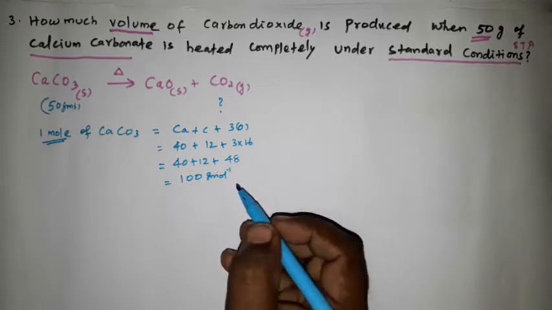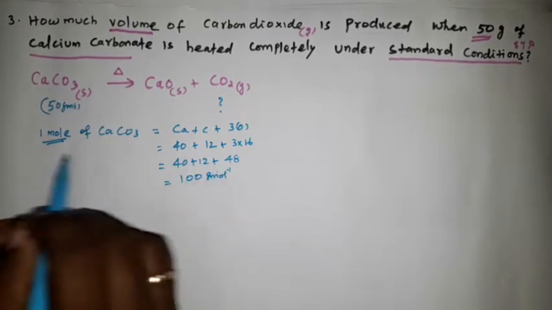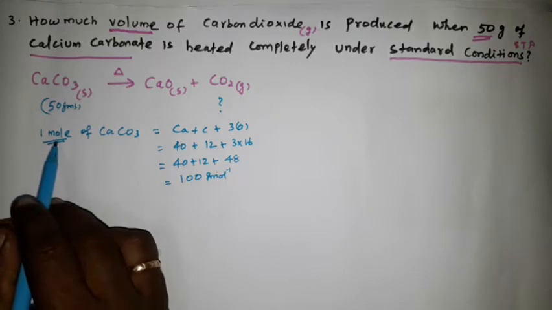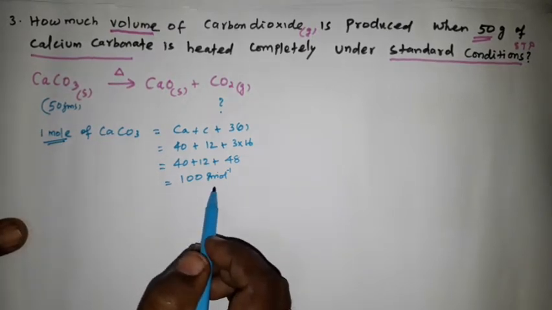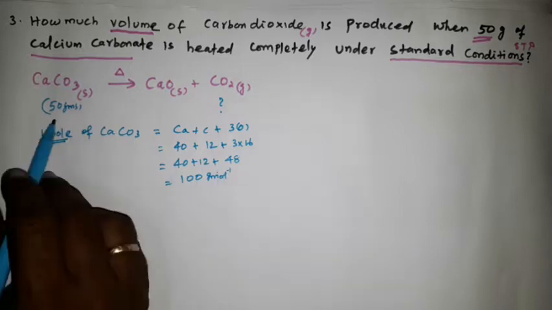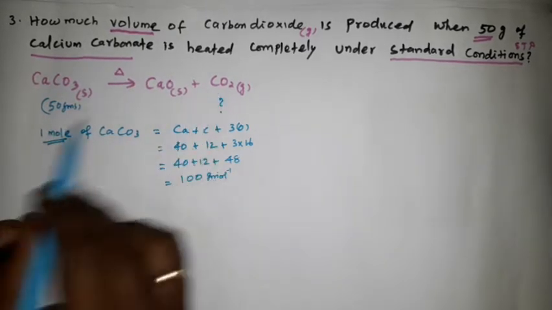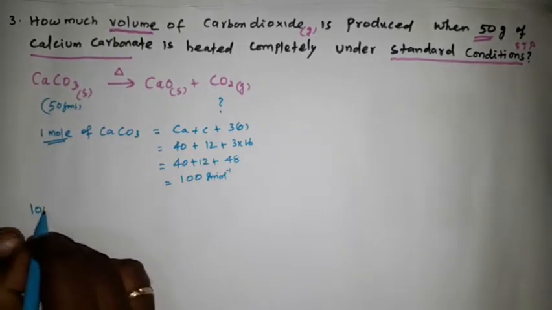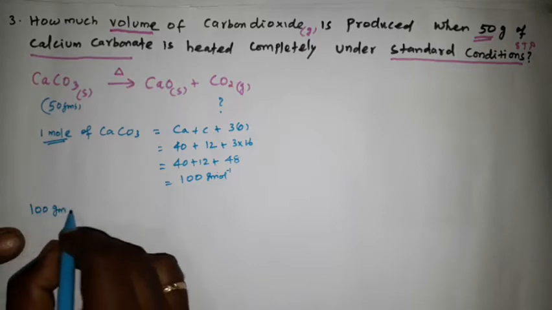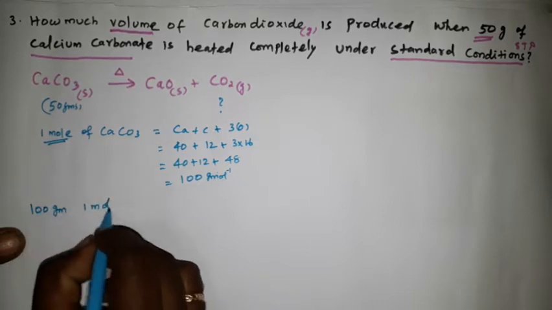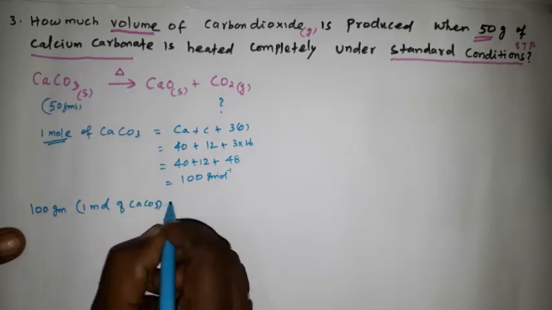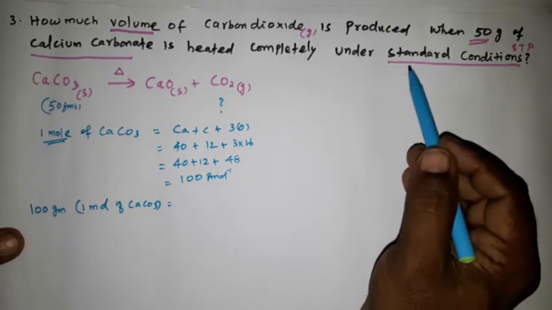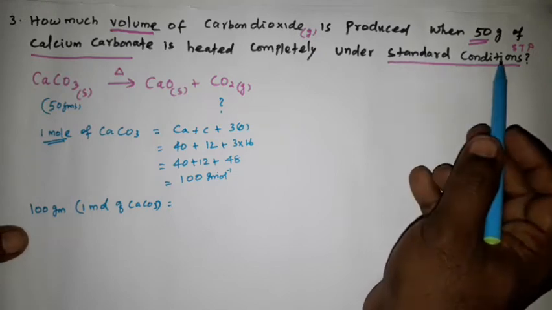So 1 mole of calcium carbonate contains 100 grams. Clear? So 50 grams will produce how much? 100 grams means 1 mole of calcium carbonate. See that in the question standard conditions are given.